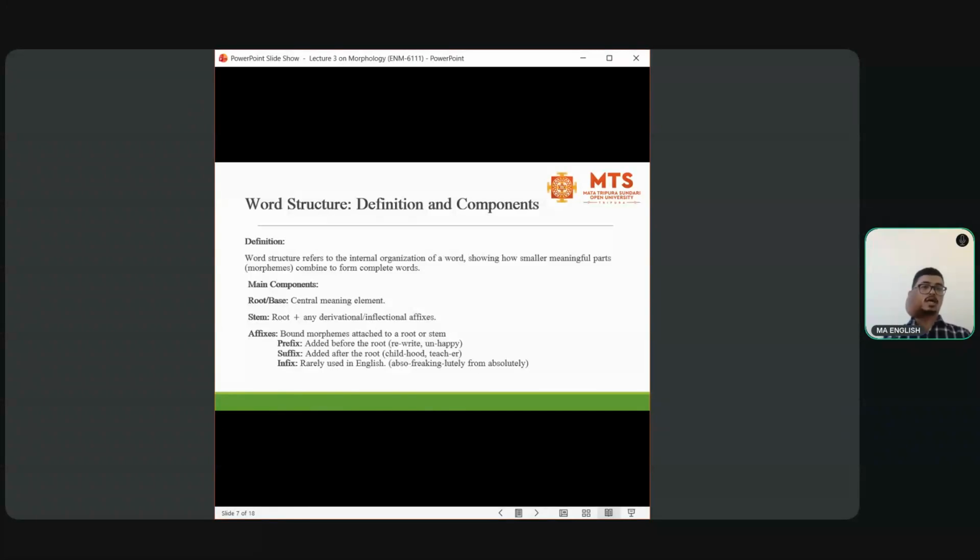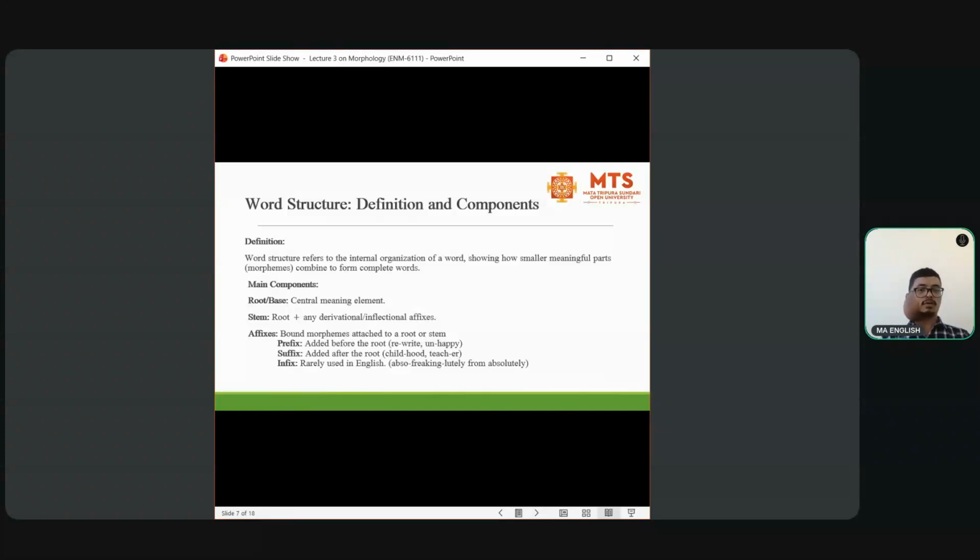All right. So now, what are affixes? These are bound morphemes. They are attached to a root or base. Affixes can be prefix, suffix, or infix. What is a prefix? A prefix is a part that is added before the root.